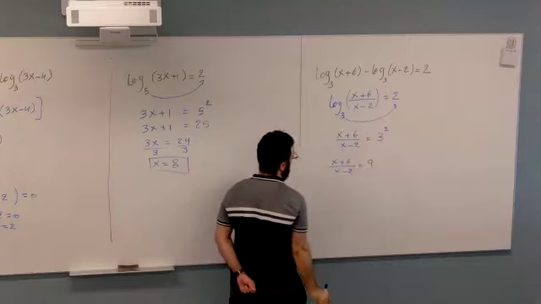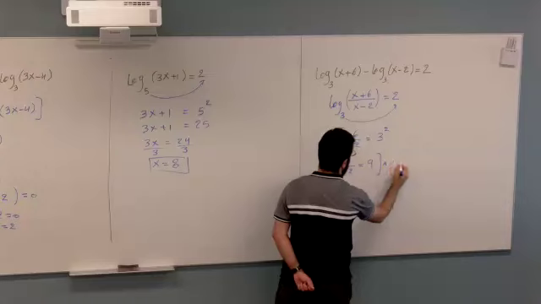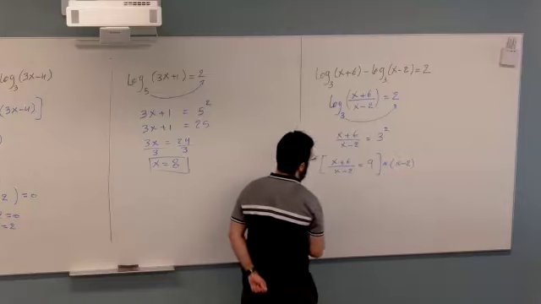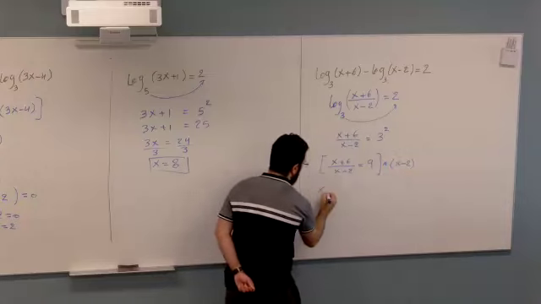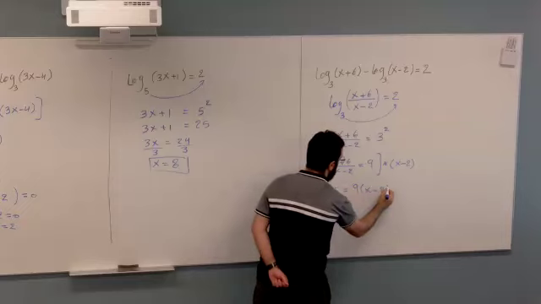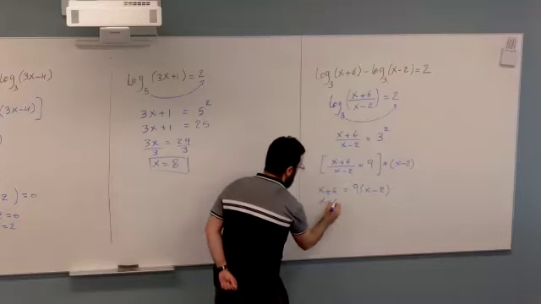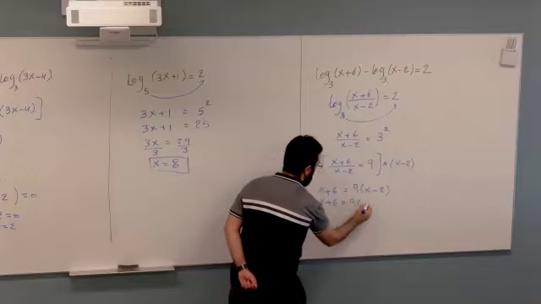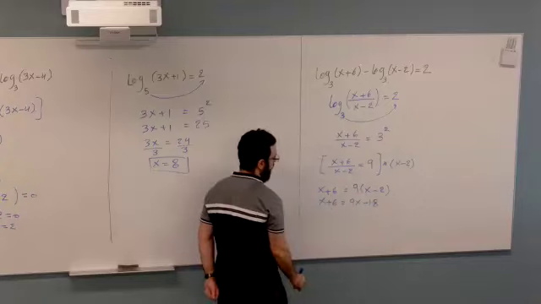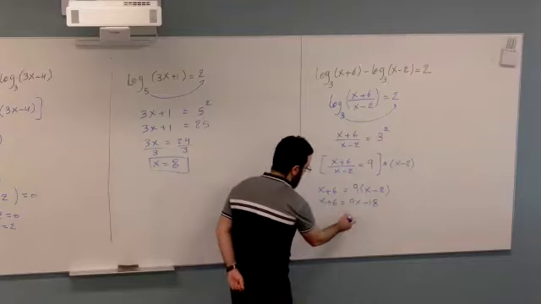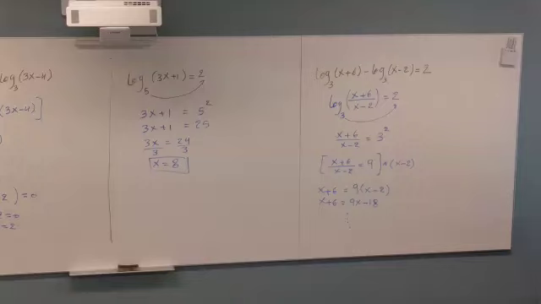Then I'm going to solve the rational equation by multiplying by the least common denominator. x plus 6 equal 9 times x minus 2. x plus 6 equal 9x minus 18. Keep doing the rest. So linear equations, move the variable to one side and the number to the other side, then find the value of x. And always check your solution.